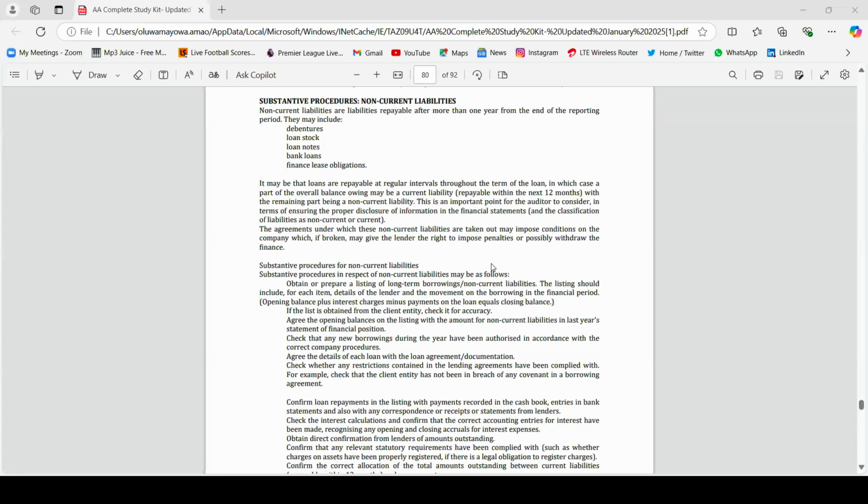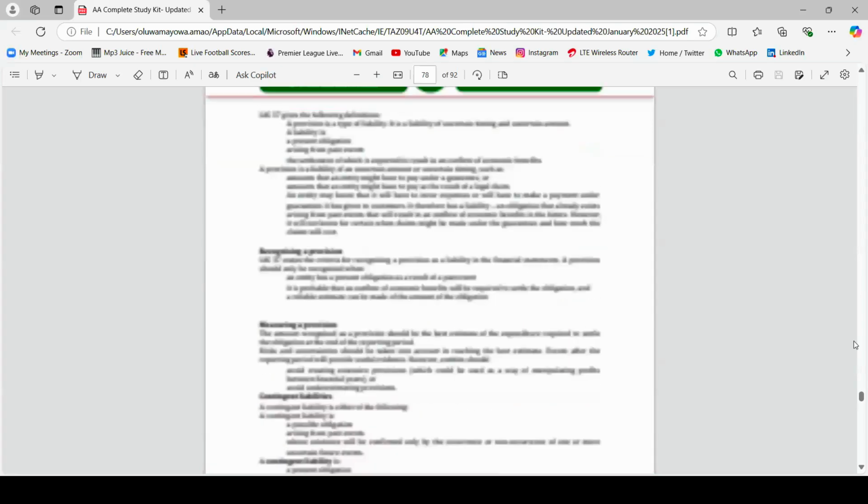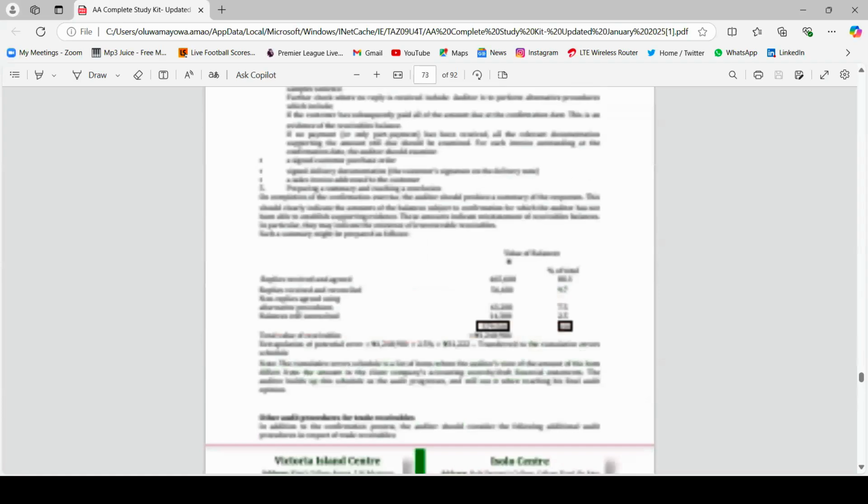Am I right? Now, the same way you have a substantive procedure for all others, you also have substantive procedure for non-current asset. The auditor also wants to test that your non-current asset does not contain material misstatement, that your non-current asset figure is in line, that you are not overstating or understating it.